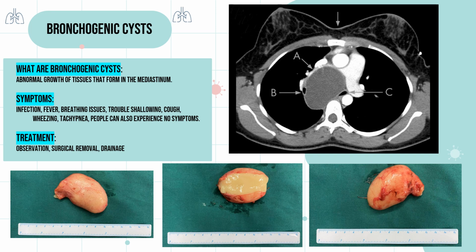Bronchogenic cysts are described as abnormal growths of tissue that form in the mediastinum between your lungs. And the symptoms involve infection, fever, breathing problems, trouble swallowing, cough, wheezing, but you could also not experience any symptoms.